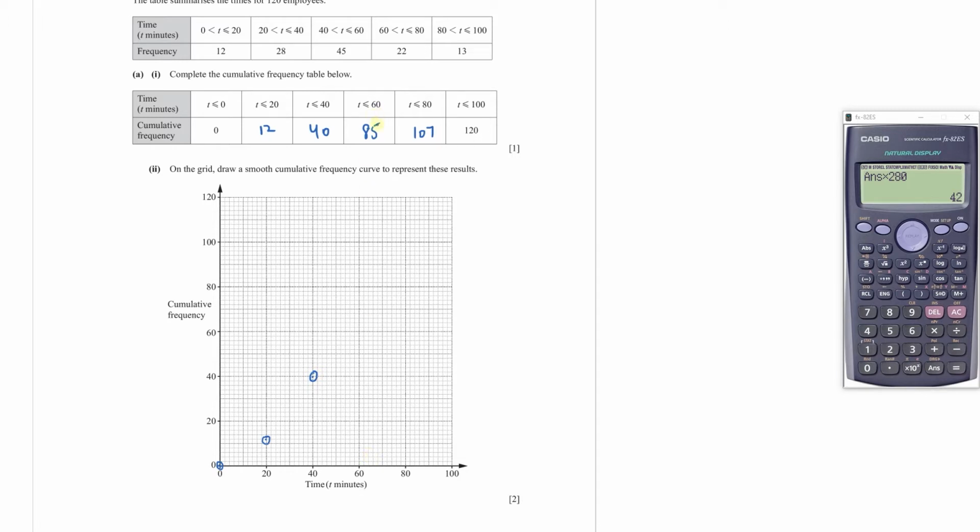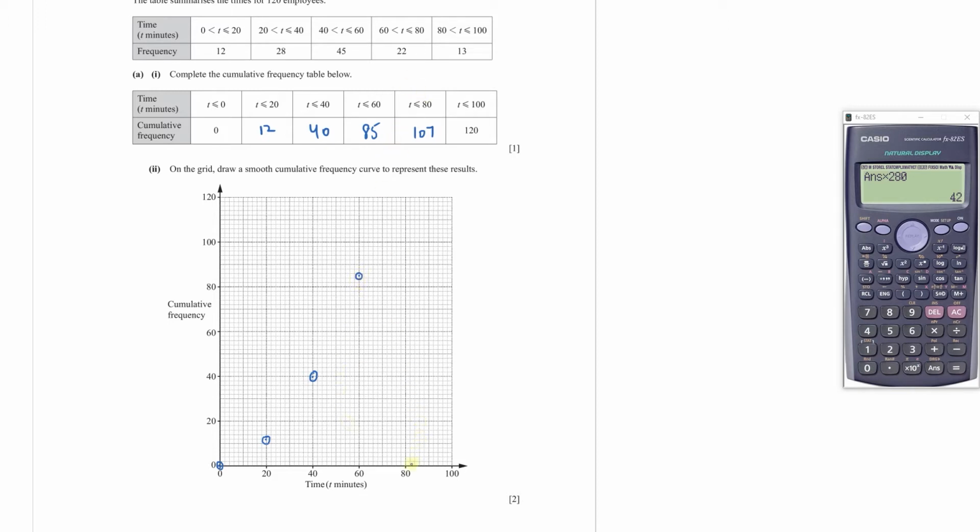The next one is 60 and 85. So this is 60 and this is 90. So this is 82, 84, and 85 in the middle.